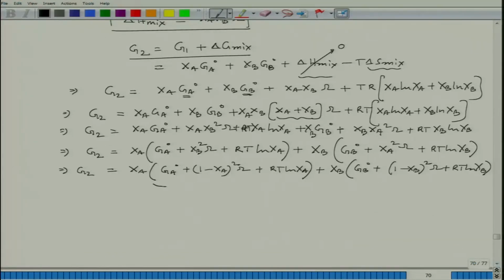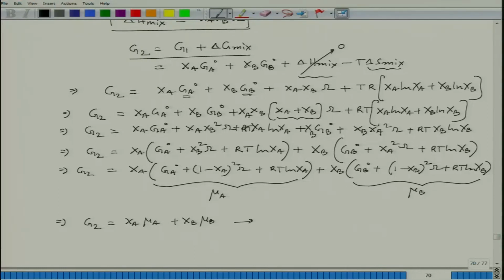Now, this entire term can be written in the form of chemical potential, which is the chemical potential of A, and this one is nothing but chemical potential of B in that particular phase. So, G2 equal to x_A mu_A plus x_B mu_B.